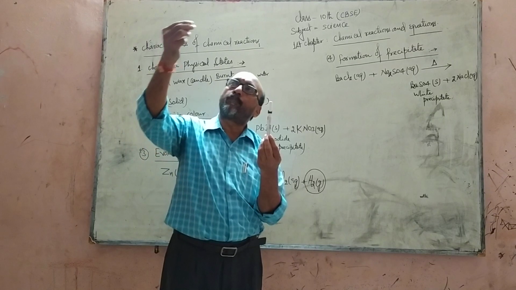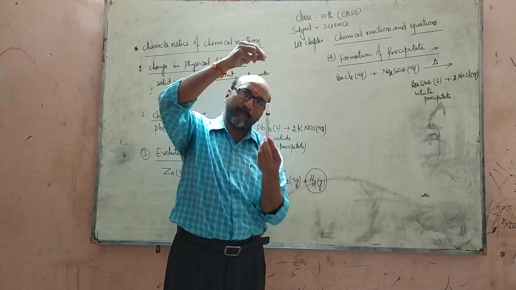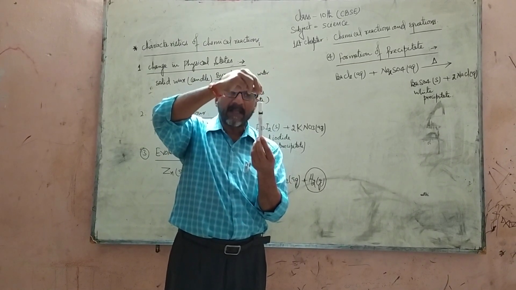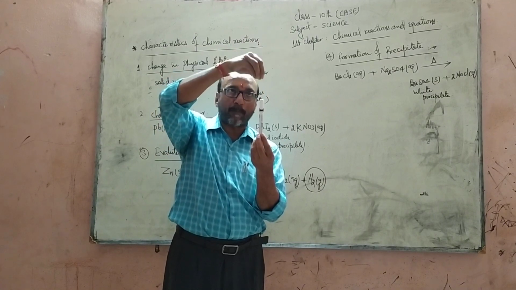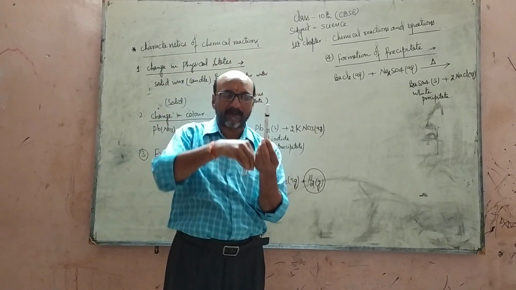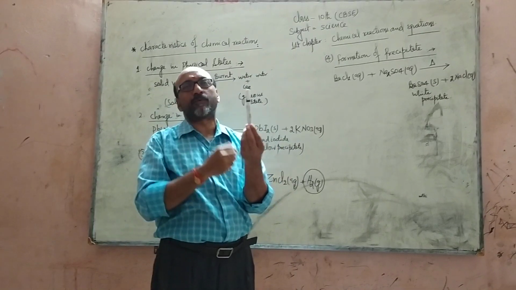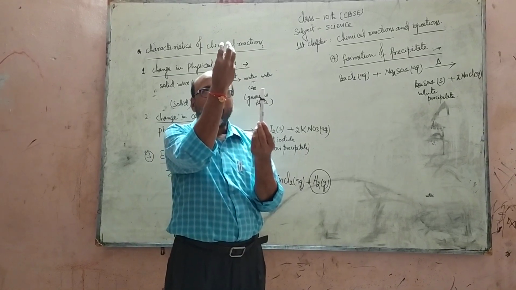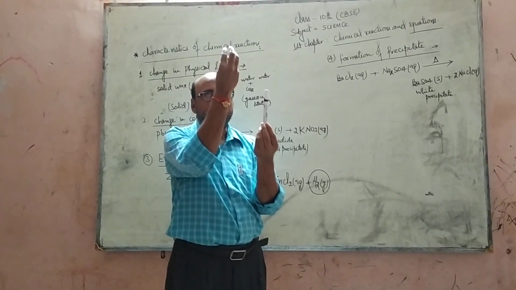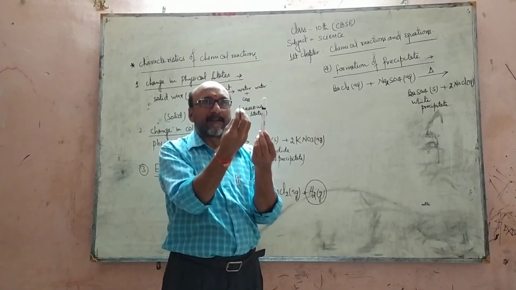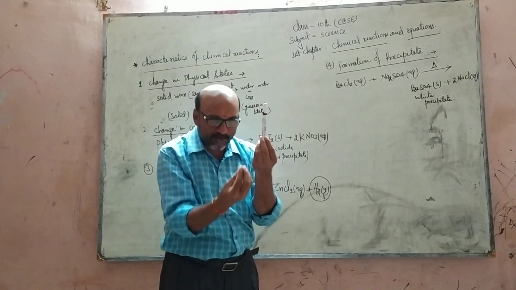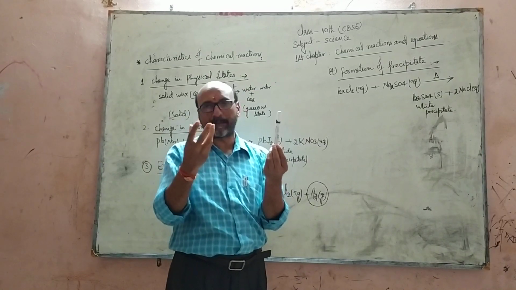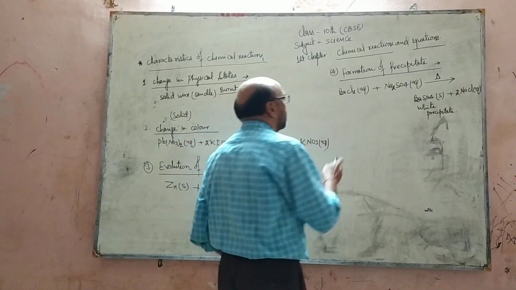When you pour the aqueous solution of barium chloride into the aqueous solution of sodium sulfate, as the first drop of the barium chloride comes in contact with the aqueous solution of sodium sulfate, you will observe the white colored substance is moving downward in the test tube to settle in its bottom. This is white precipitate of barium sulfate.